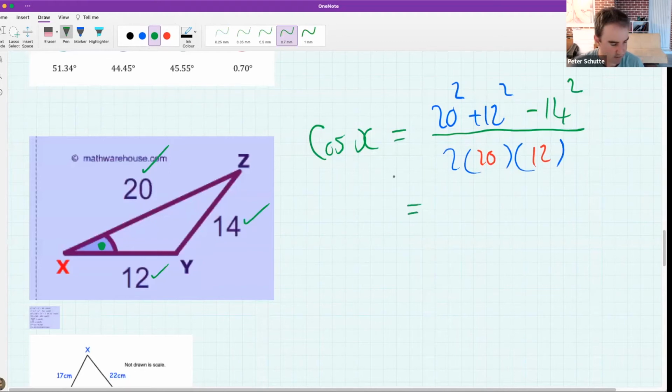Now, in my calculator, I'm going to type this in. And what am I going to get? 20 squared.